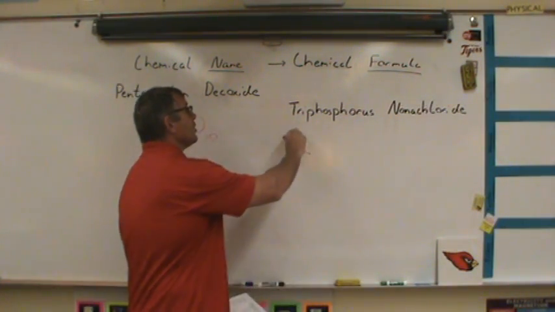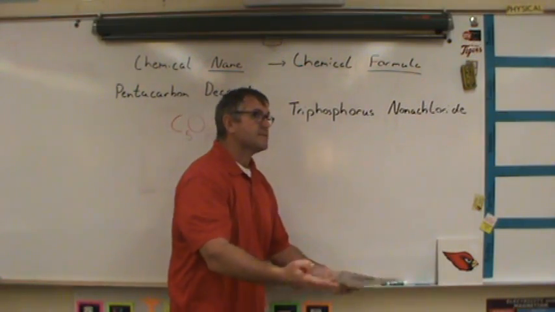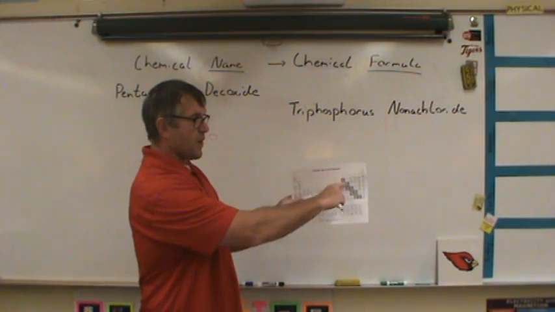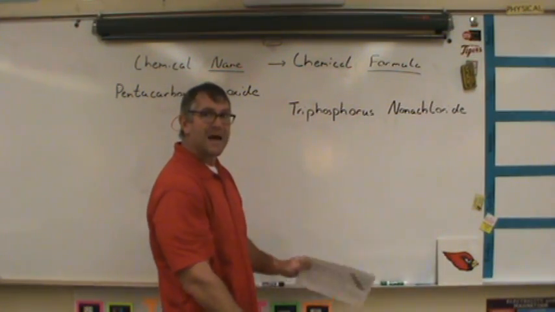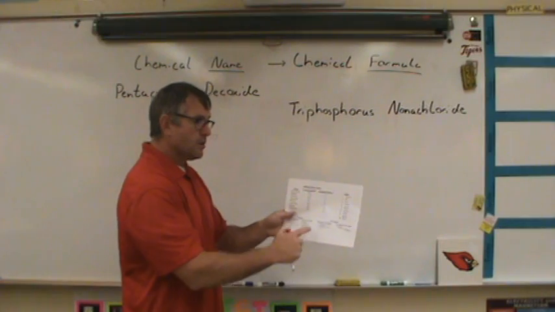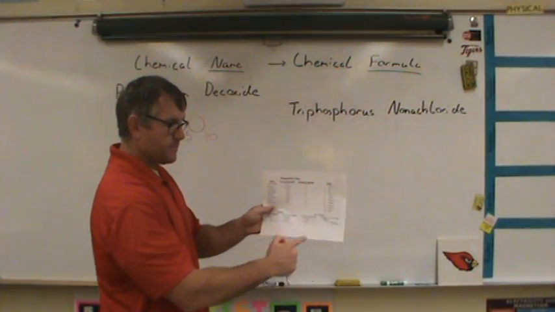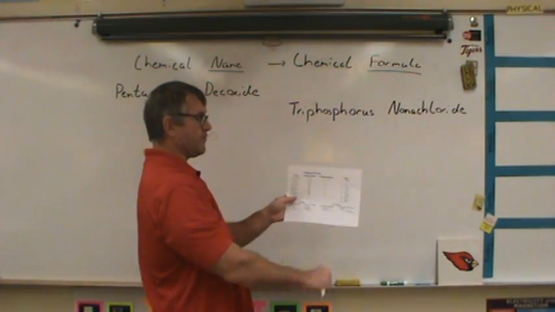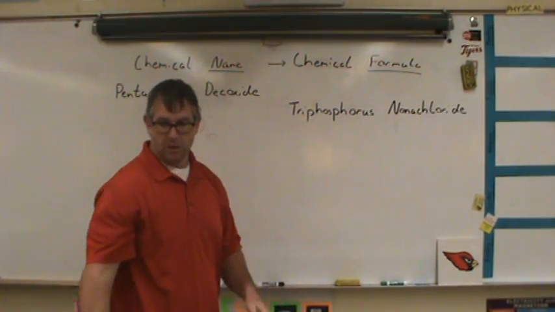So, try phosphorus. That sounds a lot like phosphorus, and you'd be right. Phosphorus, to the right of the metalloids, is a non-metal. Because it's a non-metal, we do the non-metal side. We're trying to find a chemical formula. First step, symbol.